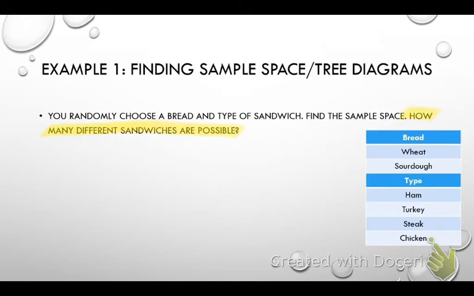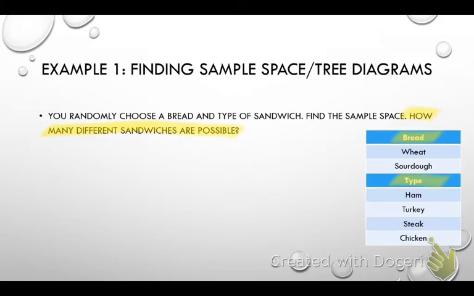Technically it does not matter which category you start with, whether bread or a type of sandwich. What I would encourage you to do is start with the category that has the fewest options. To me, it's easier to start here and expand it than to start with all of the options and then make it smaller, but technically either one is okay.